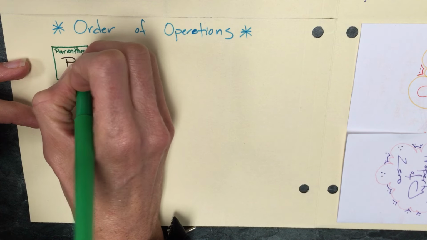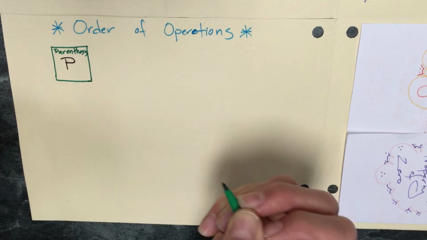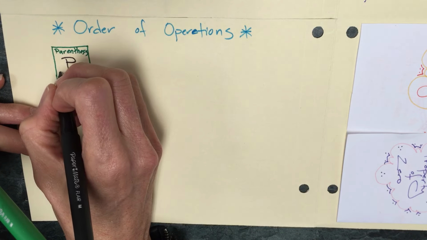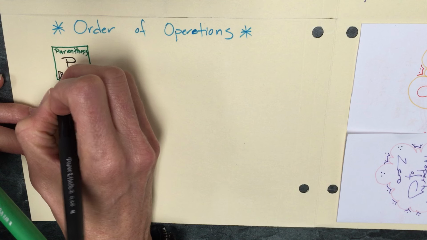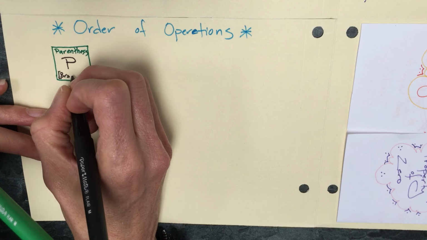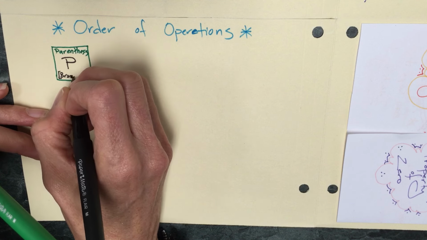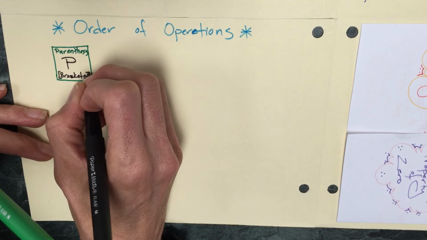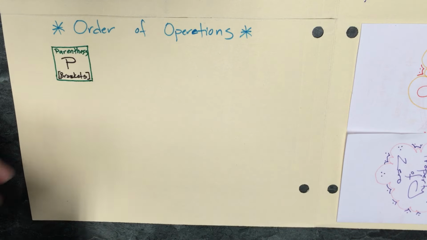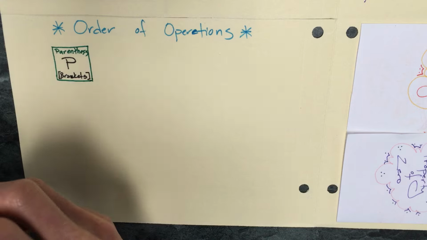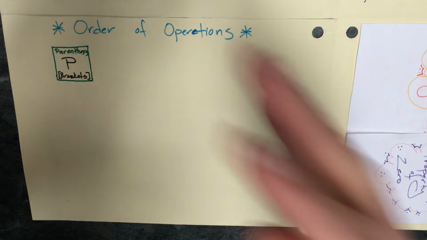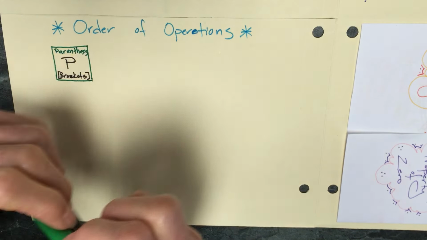I had a student a long time ago, and he would say, parenthesis, parentheses, or brackets if they're not curved. Brackets are also parentheses, grouping symbols. So that's the first thing you would work on in the order of operations, whatever is inside of the parentheses.